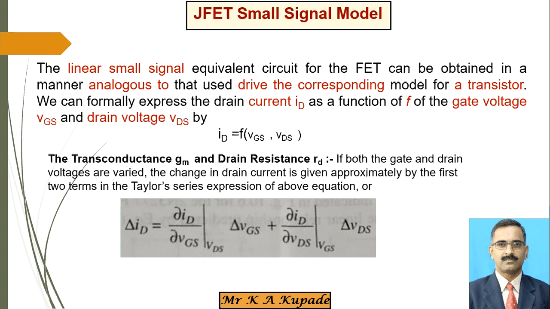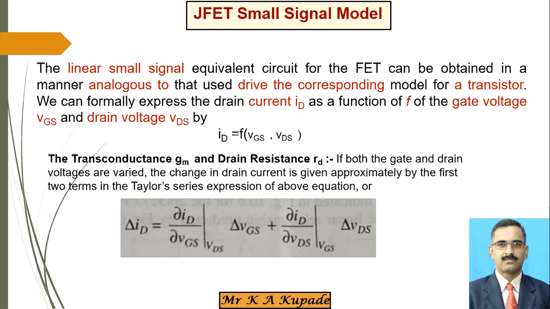Here, the linear small signal equivalent circuit for the JFET can be obtained in a manner analogous to that used to derive the corresponding model of a transistor. That means the same concept considered for the BJT is considered for this FET, and the same equivalent circuit is considered for the JFET.